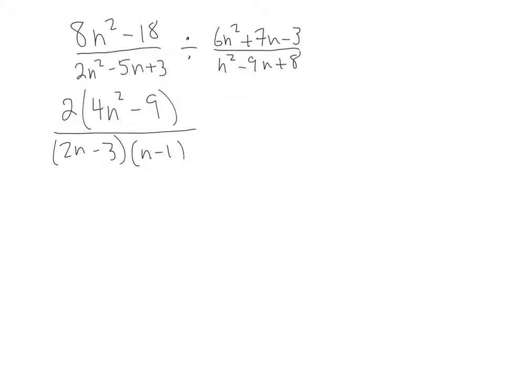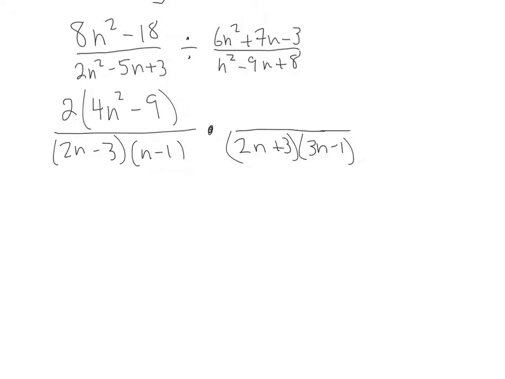3n, 5n, yes, okay. And then multiplied by the reciprocal of this one. So the 6n squared plus 7n minus 3, which I'm going to put on the bottom, factors to 2n plus 3 and 3n minus 1, and you can double check that for yourself.